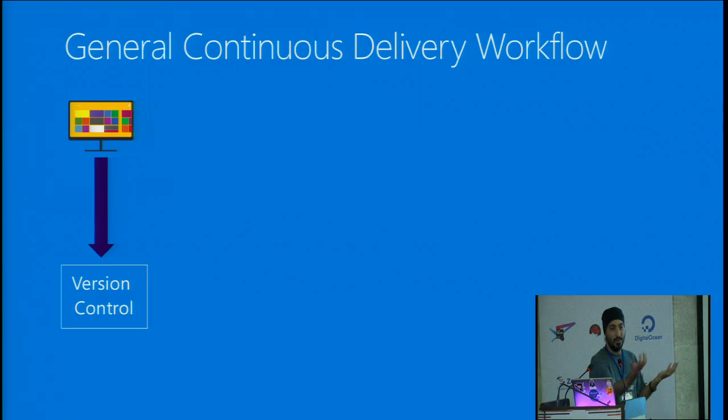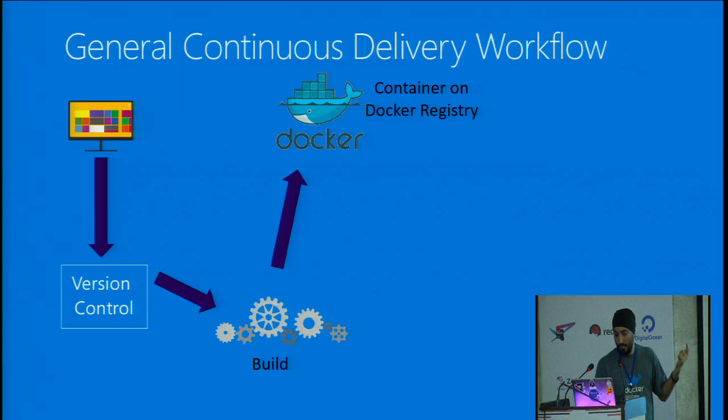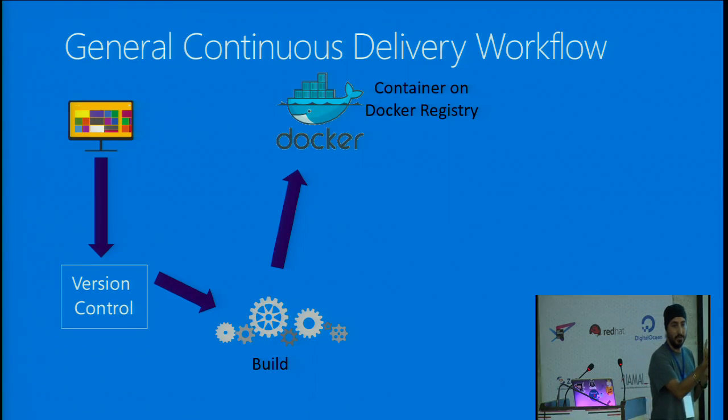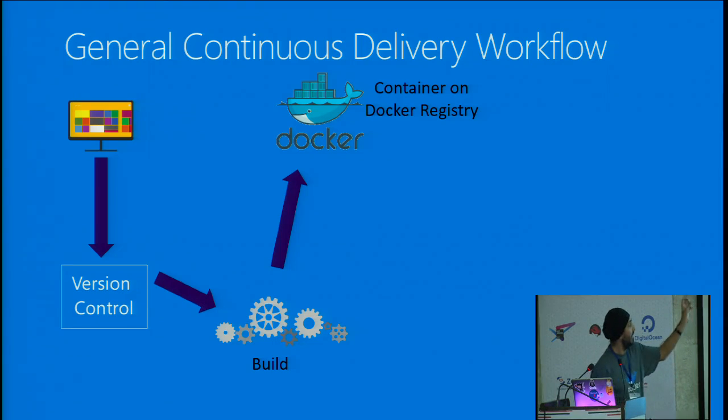Somebody merges into the release branch or your master branch, and you've configured a continuous build to happen. As part of this build, you will create a new Docker container image. Along with the Docker file, when you run the Docker build command, you get a Docker container image.